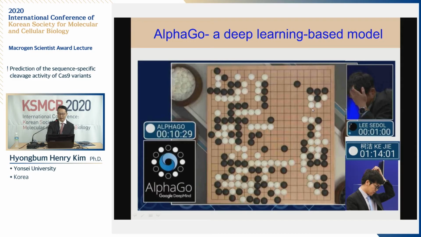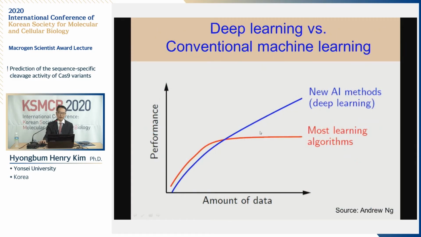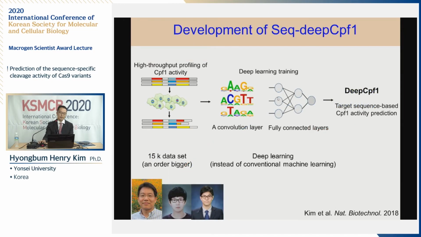Not only the Go game, but maybe in many fields, deep learning shows good performance as long as they have a lot of data. If the data is not sufficient, then the performance of conventional machine learning programs is better. But if we have sufficient data, the performance of deep learning-based models is surprisingly good. So because we knew this, we used deep learning in our study.